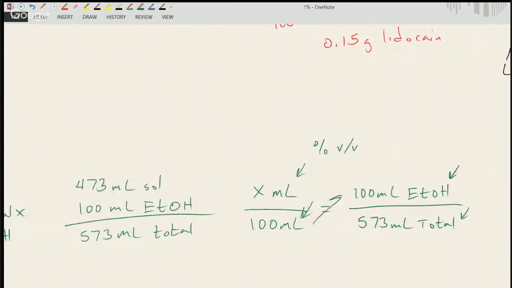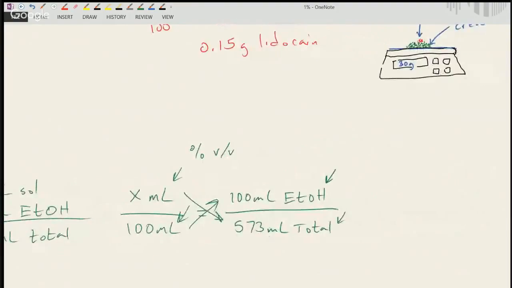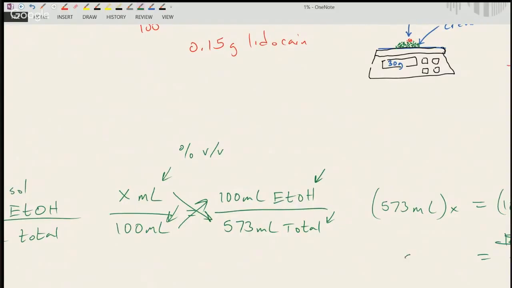So let's cross multiply. 573 mLs times X equals 100 mLs times 100 mLs, which gives us, no, that gives us 10,000 mLs. 573 X, divide both sides by 573.